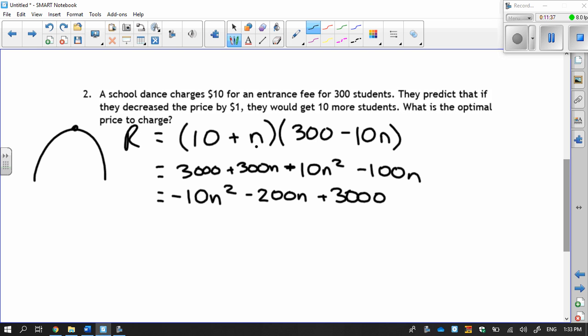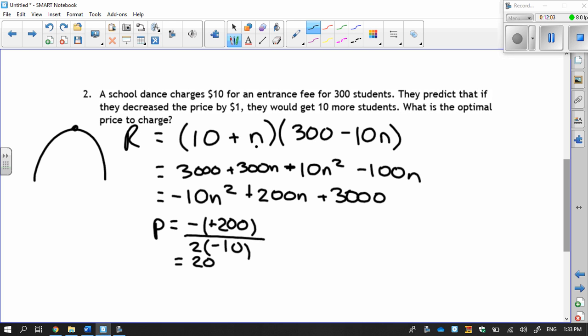Okay. P is equal to negative 200 over 2 multiplied by negative 10. So then you get 200. No, I have an extra negative in here. Right here.